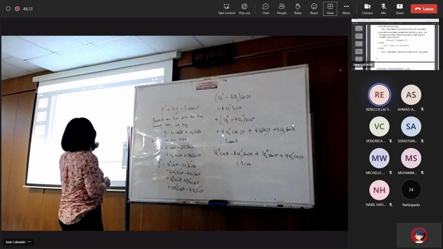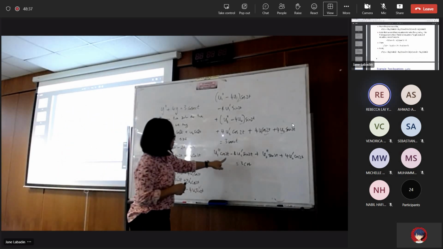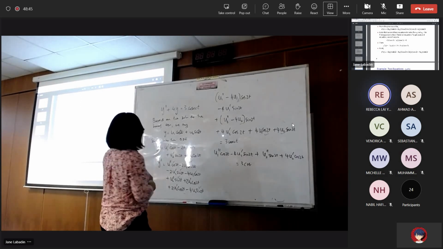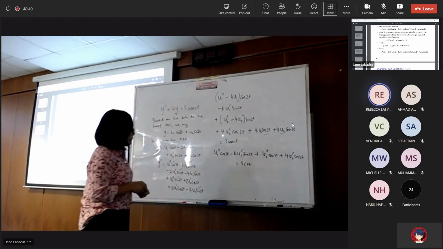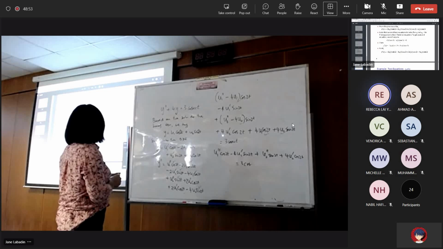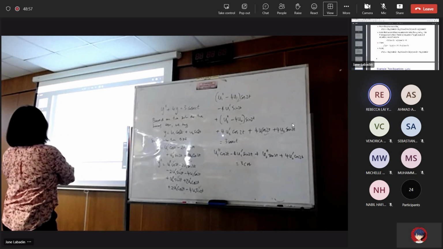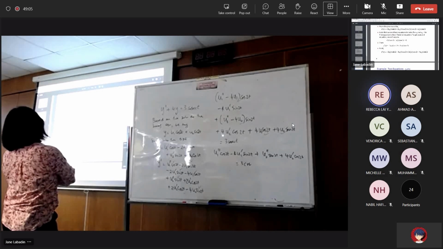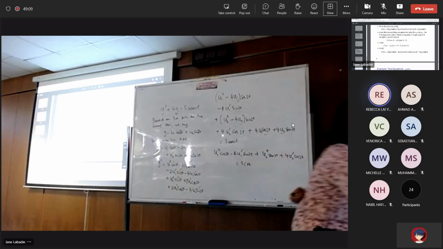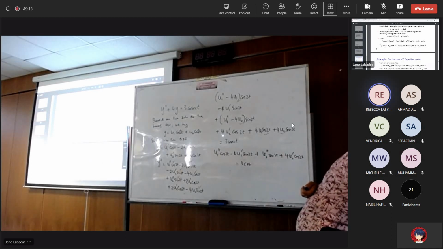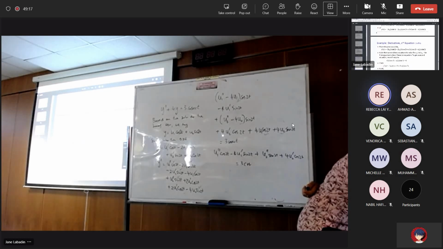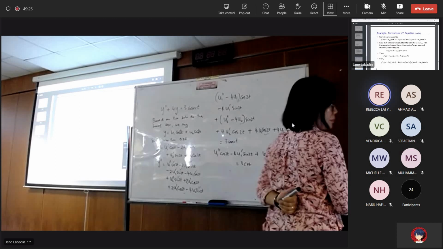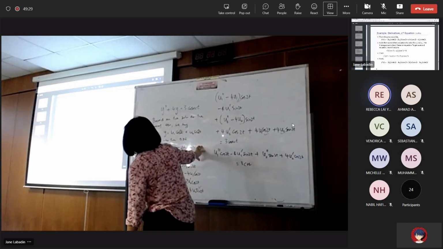u1 prime cos 2t plus u2 prime. This is sine and that is cos. That's y prime. This is y prime. Why are they showing y prime?